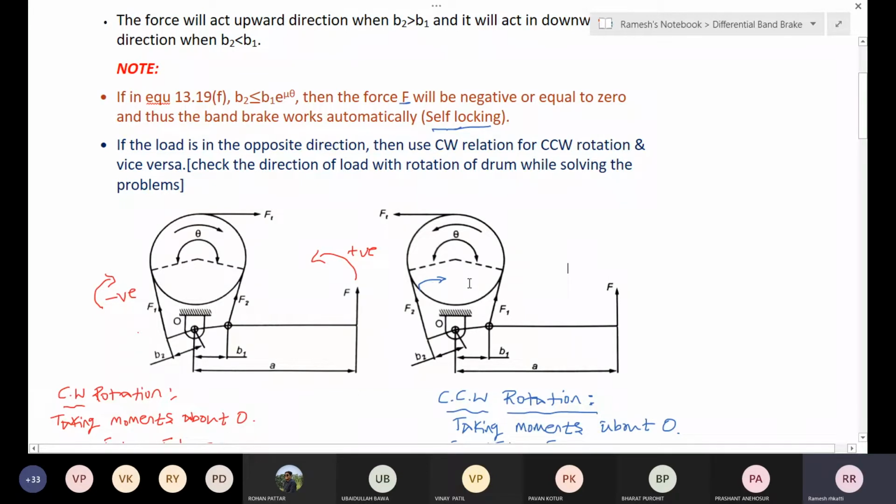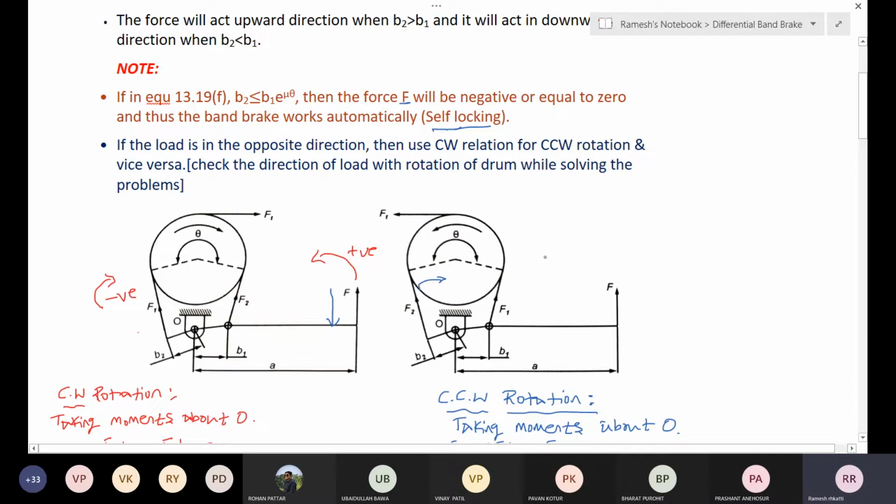And vice versa. For example, for clockwise, if the load is acting downward, then you have to use counterclockwise. This is important. In the relation you have derived, the force is acting upward. If it is acting downward, instead of using the clockwise relation, you have to use the counterclockwise relation.